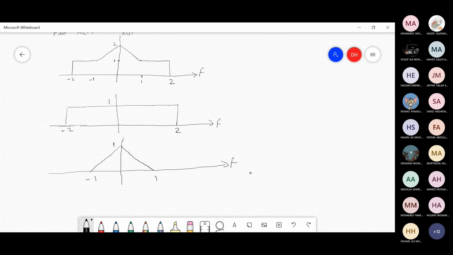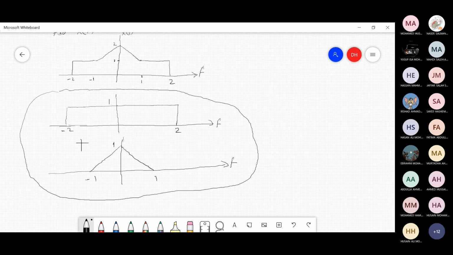At 0 here it equals 1, and this is also 1, so we get 2. Similarly on the right hand side. If we add these two together, we will get the original signal, the x of t, sorry.